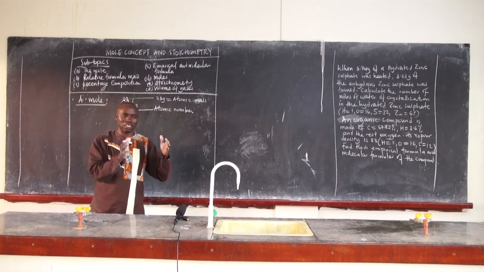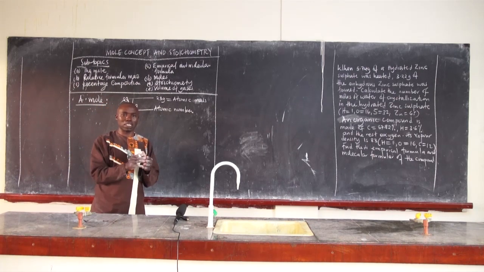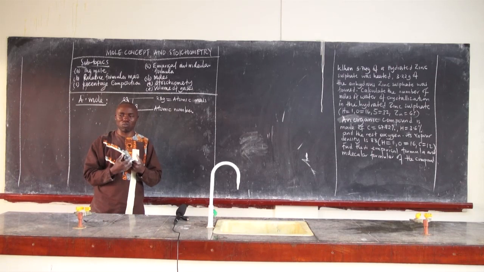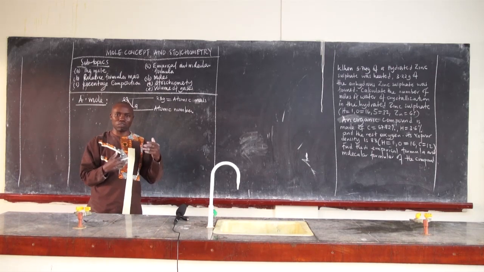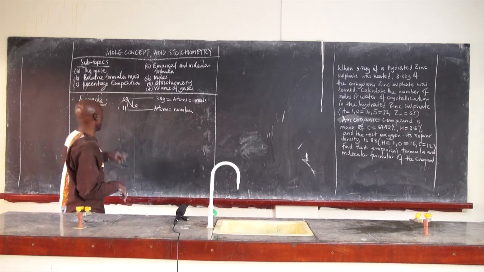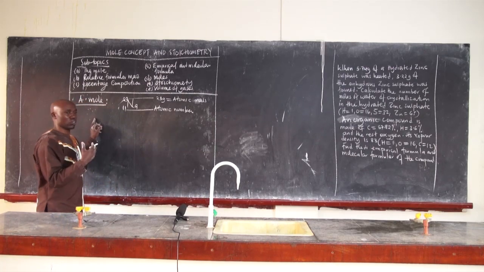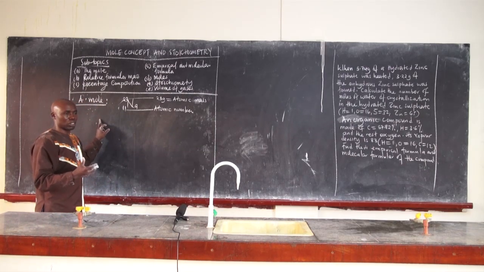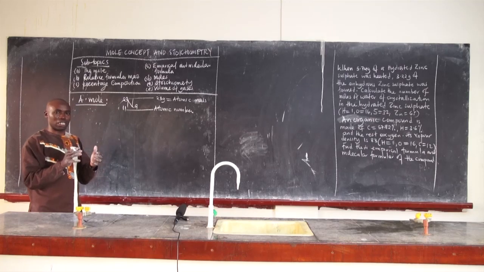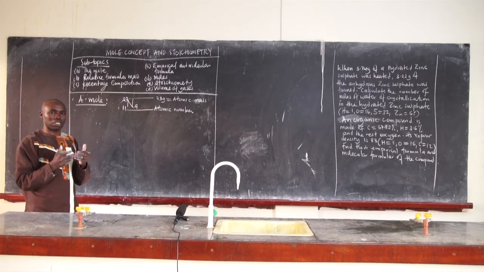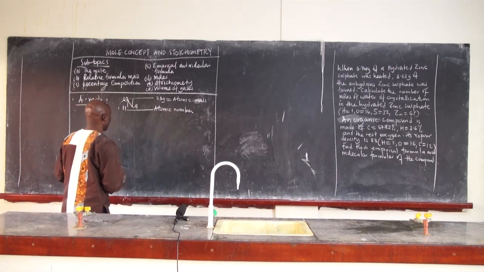Then that substance in terms of its mass normally has a certain number of particles which we call Avogadro's number. So a mole of a substance is actually the amount of a substance that contains a certain number of particles, which is exactly 6.02 times 10 power 23 particles.